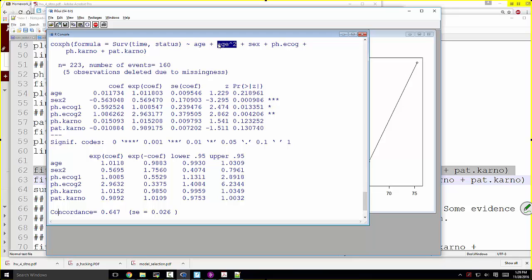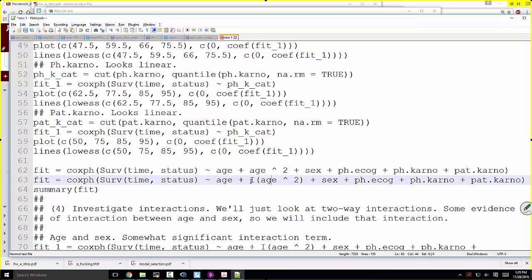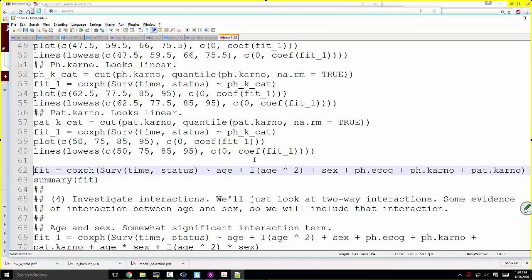If you want to do a transformation of a variable inside the formula, what you can do is wrap it inside this capital I function, which basically means evaluate what's inside and use the result of that. It's not the most intuitive component of R's syntax.